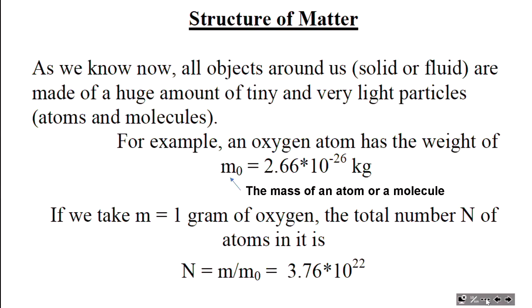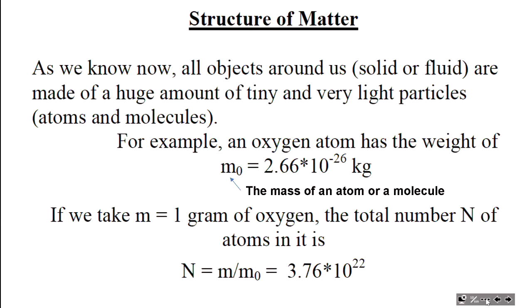Well, the first thing we know about gases, they're made of molecules or atoms, and those particles are tiny, and we always have a huge amount of them, even in a very small volume.